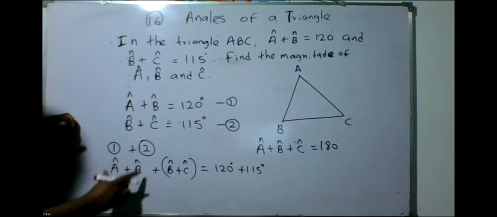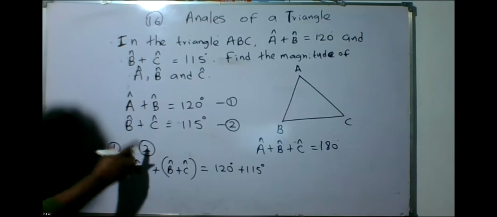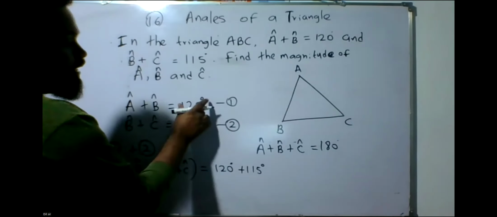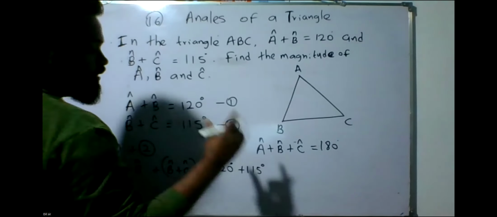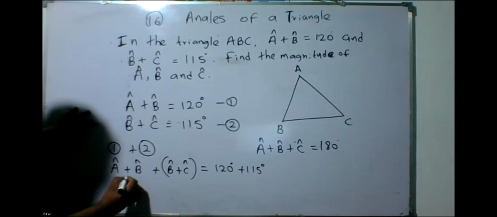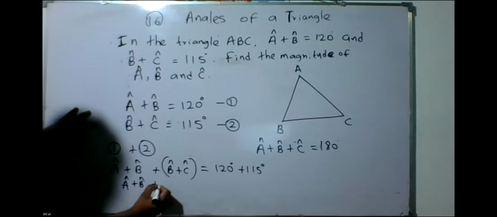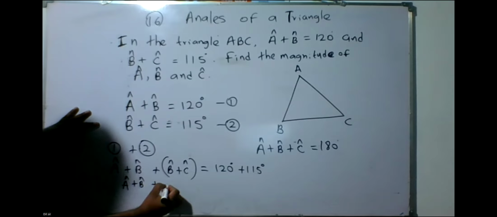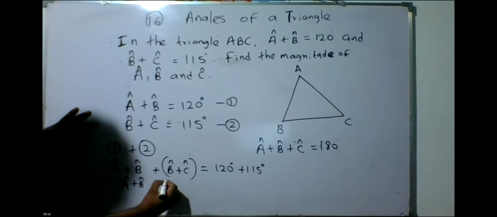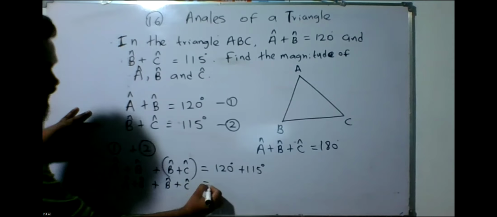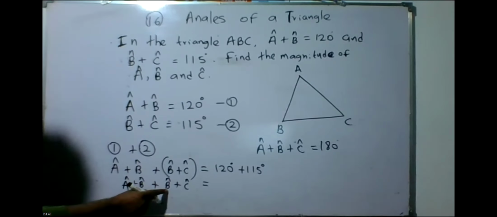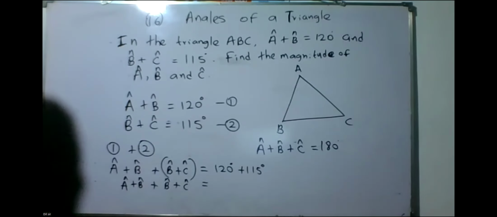Look, A plus B, B plus C. That is how we add equations. Left hand sides we add together. On the other side we have the right hand sides of the equations. Right. Look: A plus B plus B plus C equals 120 plus 115. The brackets are not needed.